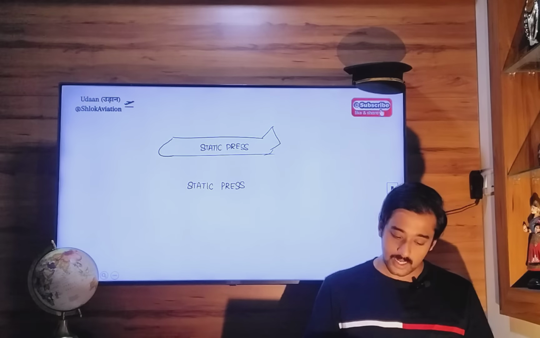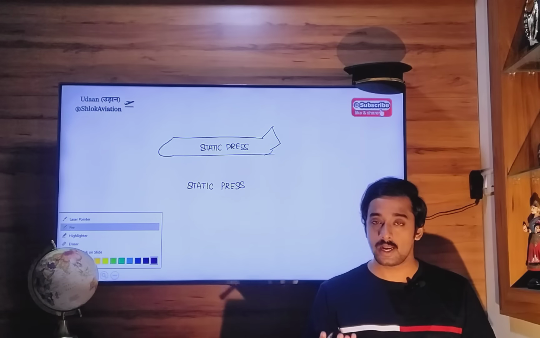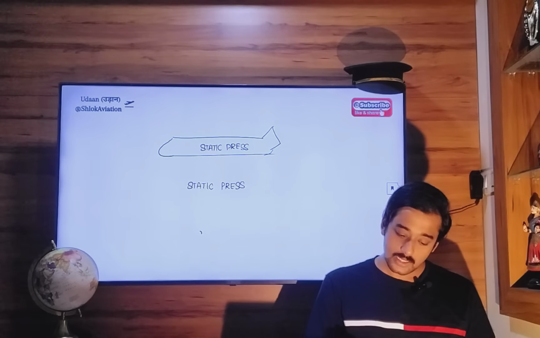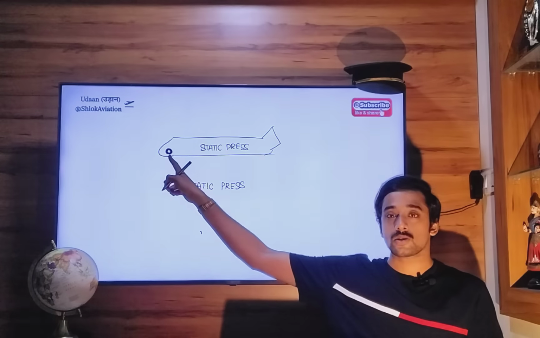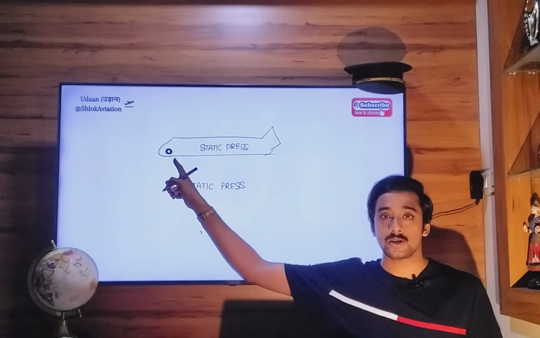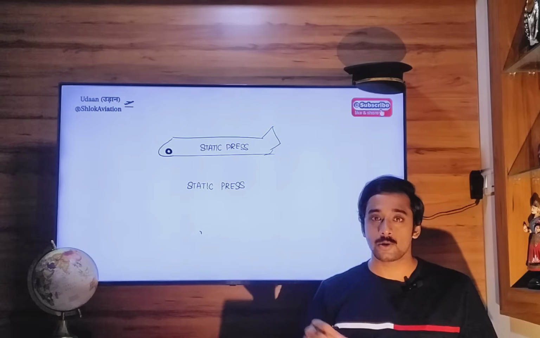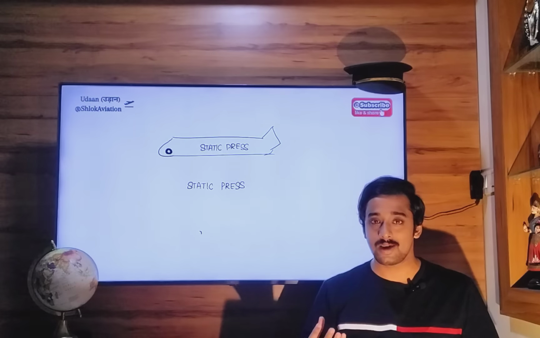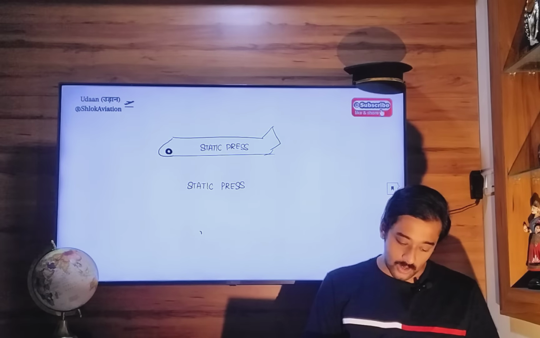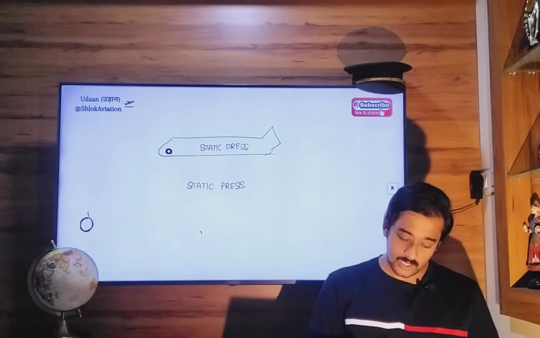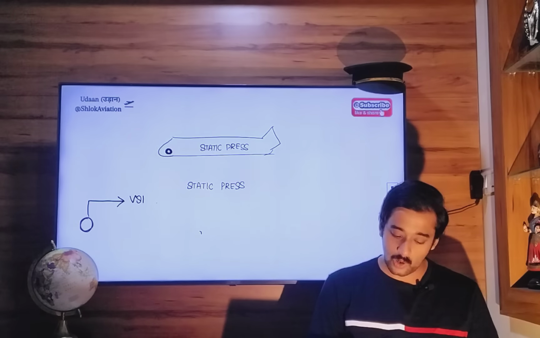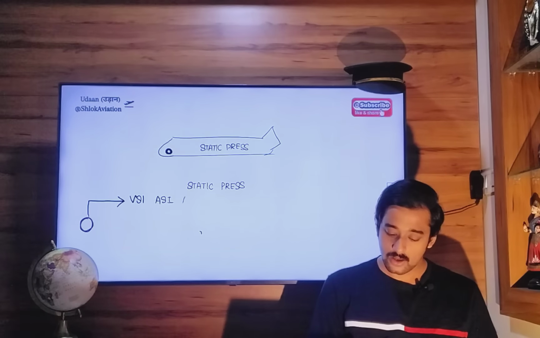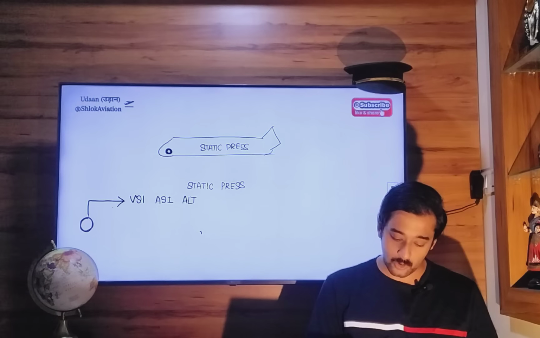Now your altimeter, your VSI, your airspeed indicator work on static pressure. Now if this static pressure port, which is located on your fuselage, gets blocked due to dirt, ice, dust, whatever, your pressure instruments will not receive any static pressure input.